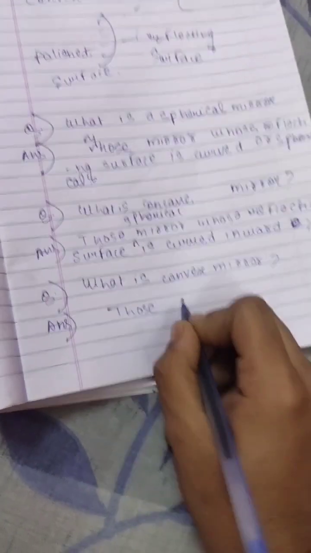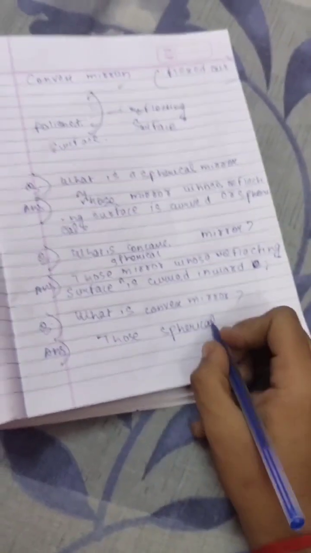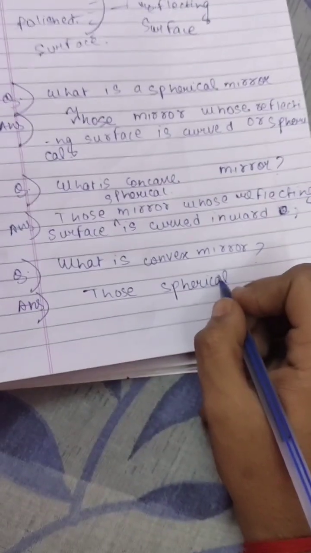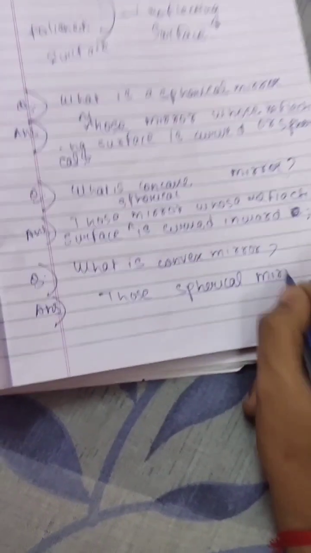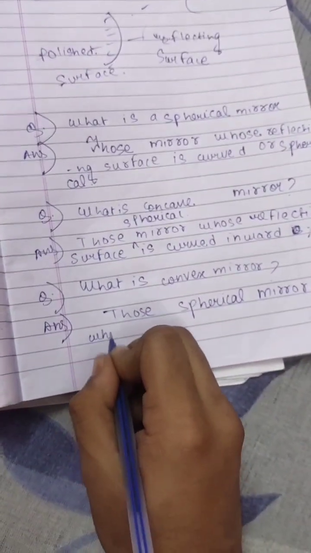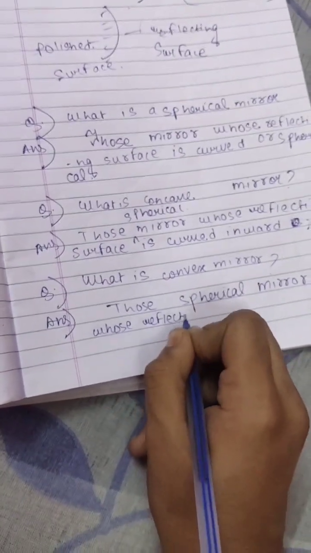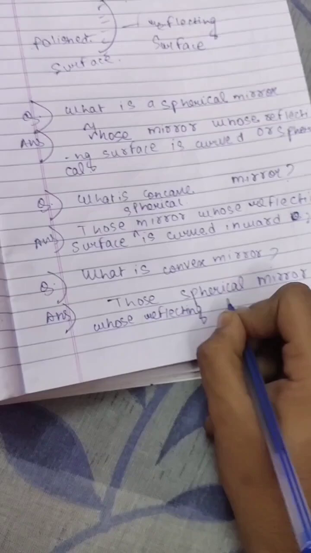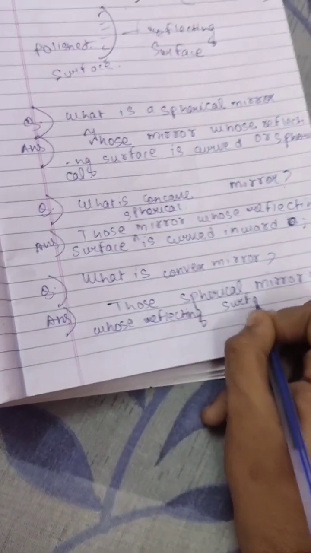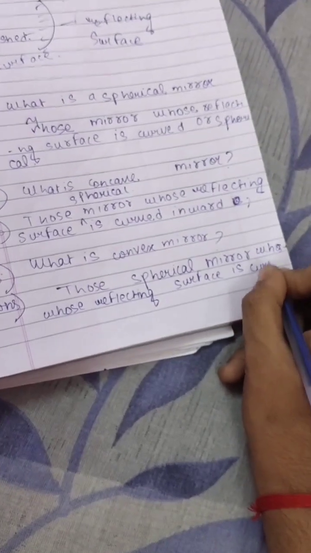So we will write: those spherical mirrors whose reflecting surface is curved outwards.